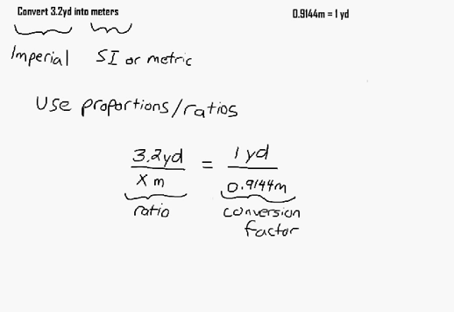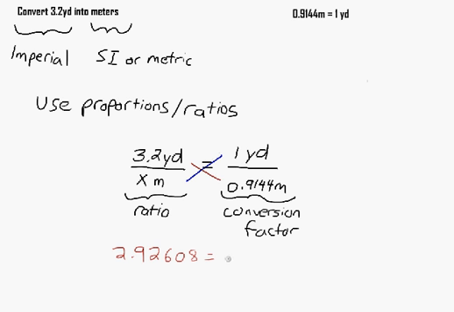So I'm going to multiply these two: 3.2 multiplied by 0.9144. We type that in and we get 2.92608, equals, and then I'm going to multiply these other two, which is x and the 1.